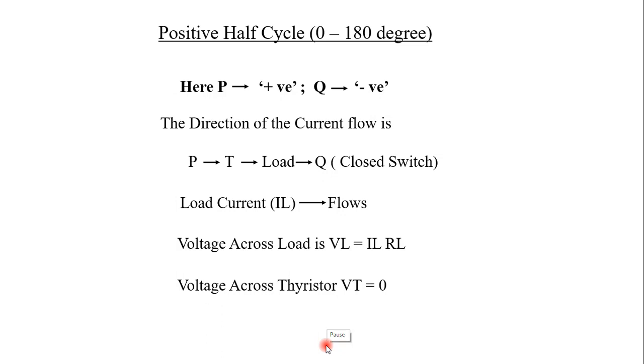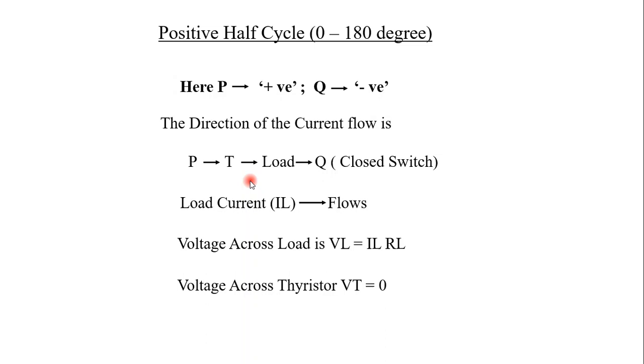Here in positive half cycle assume the points P and Q as supply terminals. P is the positive supply and Q has the negative supply. In that time the current flows from P, because P is the positive terminal. The positive terminal P is directly connected to thyristor's anode terminal.